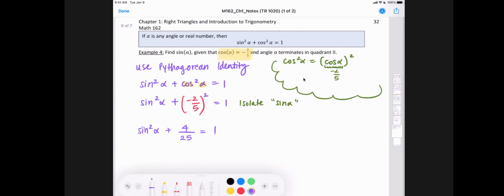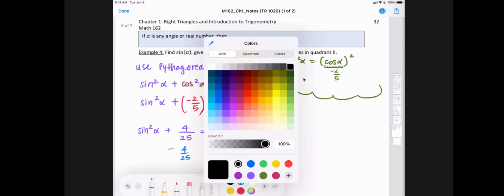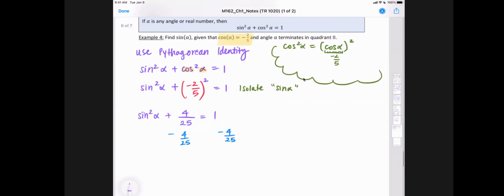And since we need to isolate sine, let's subtract 4/25 from both sides. So we get sine square alpha is equal to 1 minus 4/25.